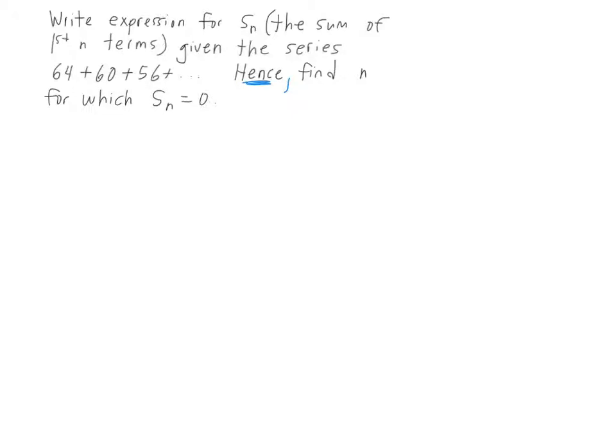So let's write down what we know. We know the first term is 64, and we can see it's going down by 4, so the common difference is negative 4. Recall that since this is arithmetic, we have a couple formulas. We don't know the last term here, so we're forced to use this other formula.